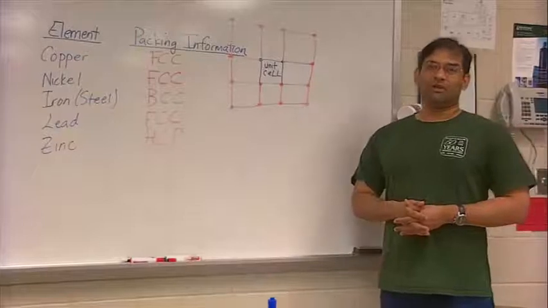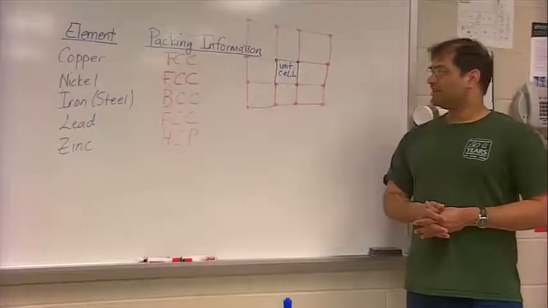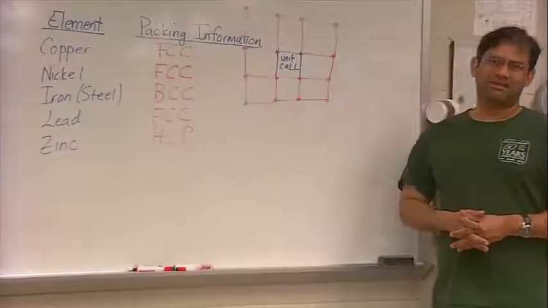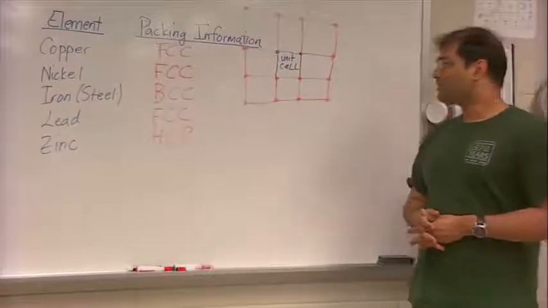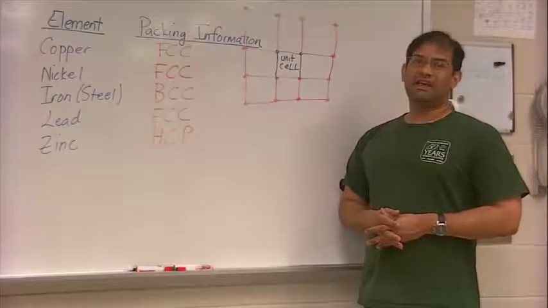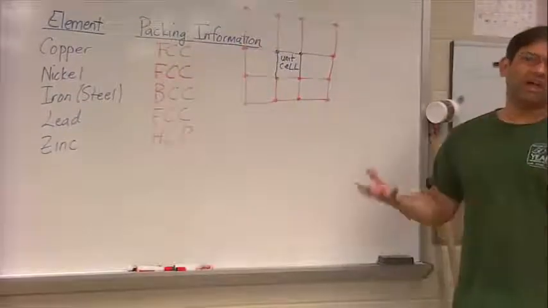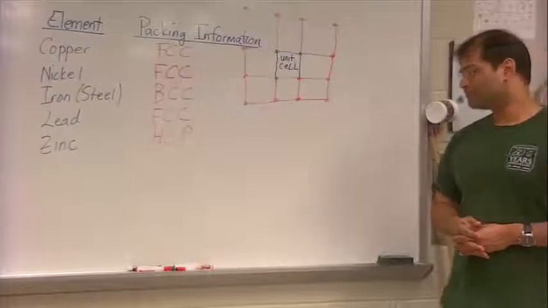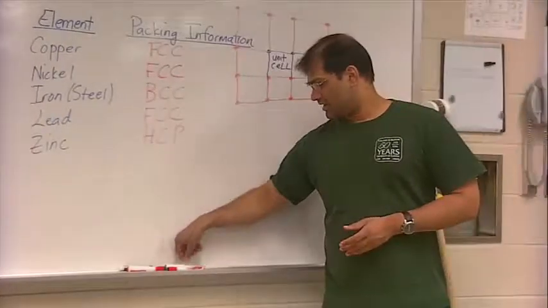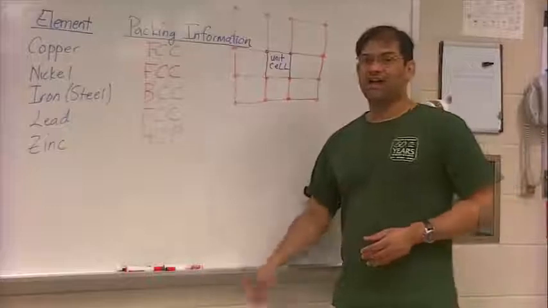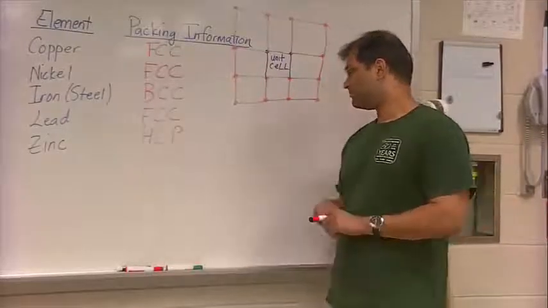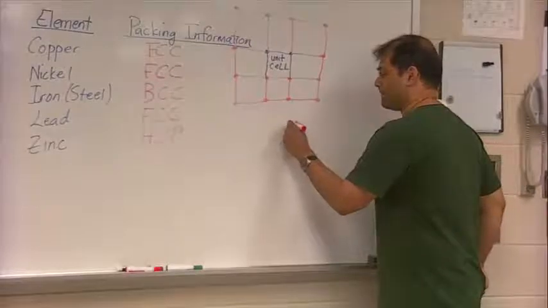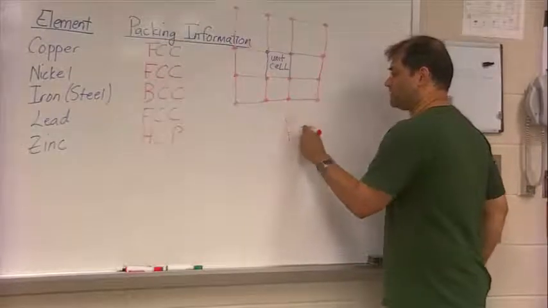Go to your lab manual and look at the appropriate equations for each of these unit cell packing arrangements and determine the unit cell edge length, determine the volume that is occupied by the atoms in the unit cell. And one final note, you will want to use units of angstroms. This is called an angstrom.